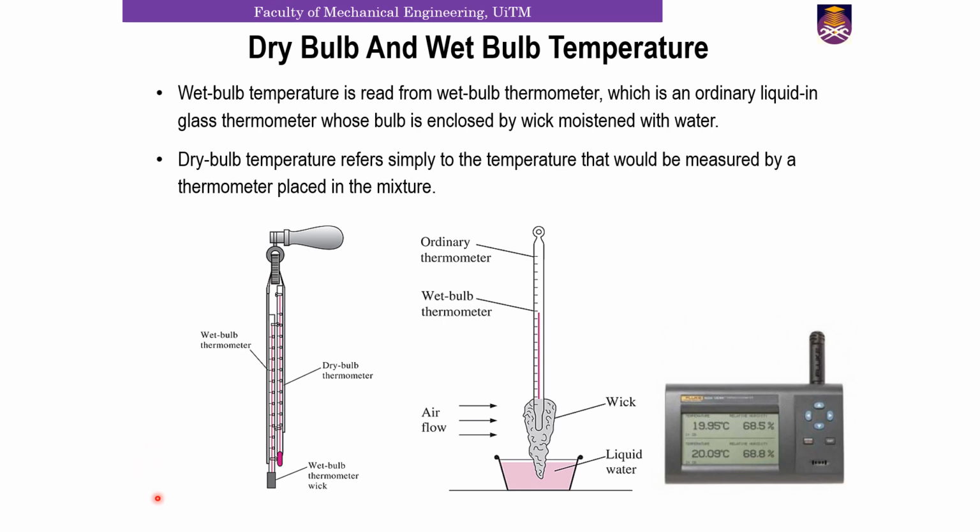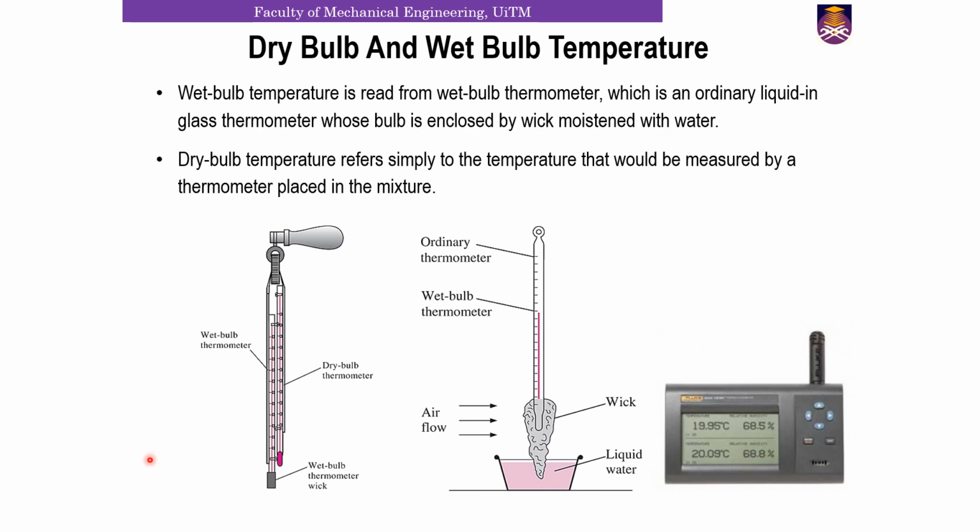This is called the wet bulb thermometer because the bulb is covered with a wet wick. The temperature here is the temperature of the surroundings. Now what do you think is the temperature for the wet bulb thermometer? The wet bulb thermometer will show a lower temperature compared to the dry bulb thermometer.